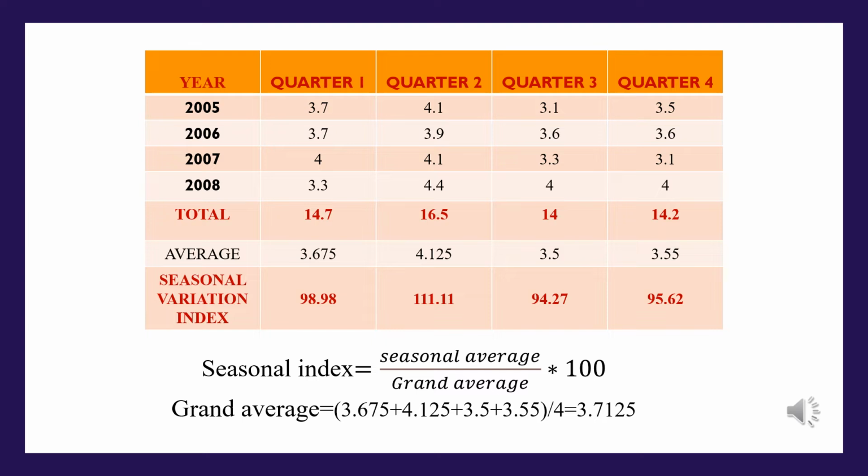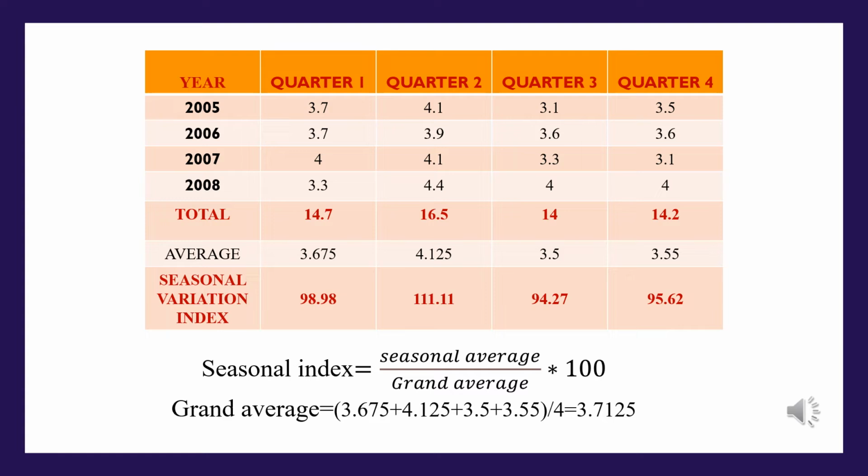Then the next step, we need to calculate the average. So in quarter 1 the average value is 14.7 divided by 4, that is 3.675. Similarly, the average values corresponding to quarter 2, quarter 3, quarter 4 are 4.125, 3.5, 3.55. Then we need to find the grand average.